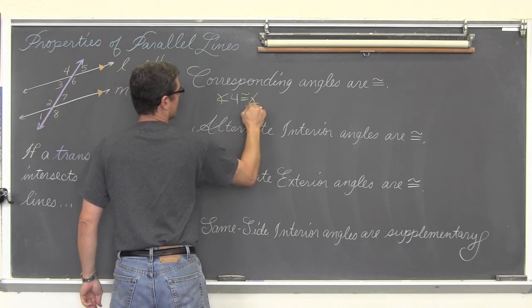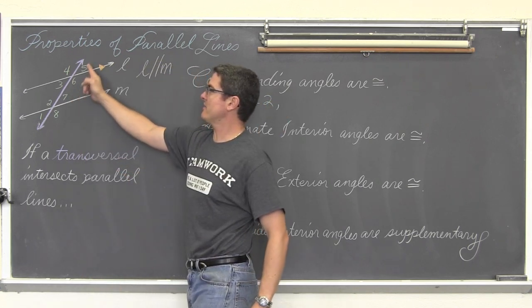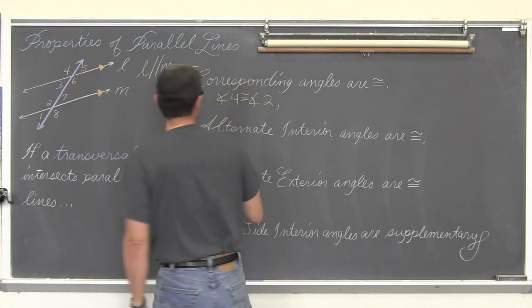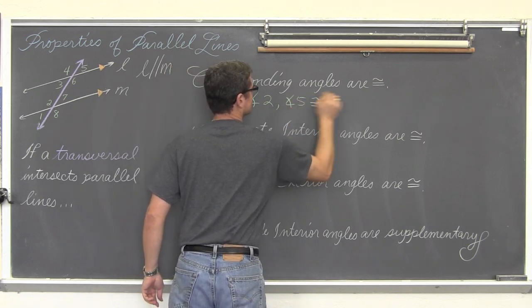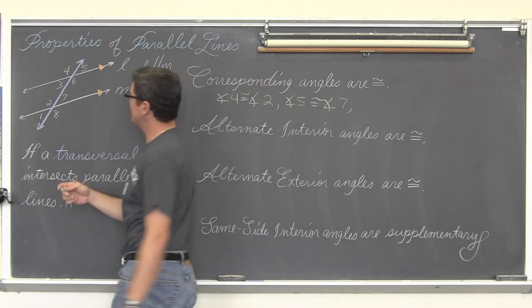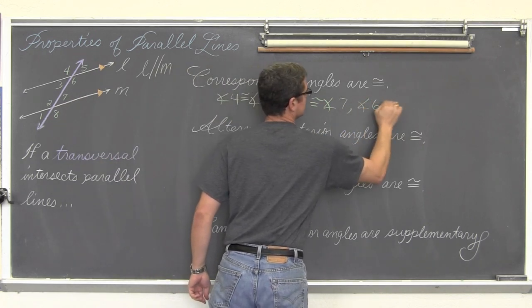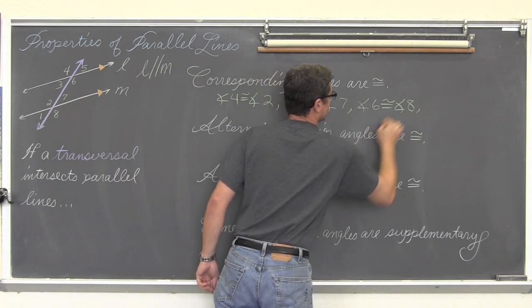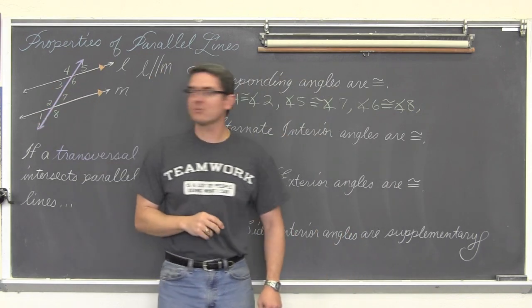So angle 4 is congruent to angle 2. We have angles 5 and 7, both in the upper right-hand corner. We have angles 6 and 8. And then finally we have angles in the bottom left-hand corner, angles 3 and 1.